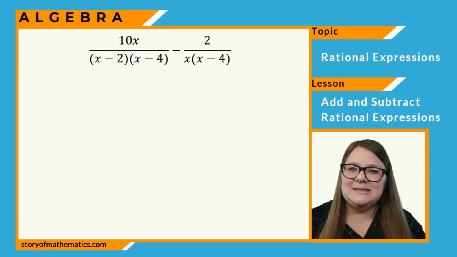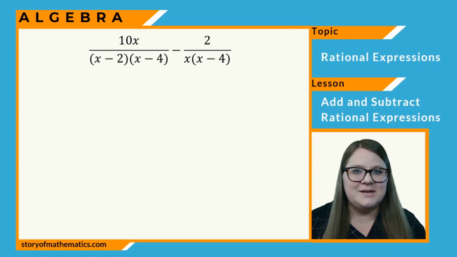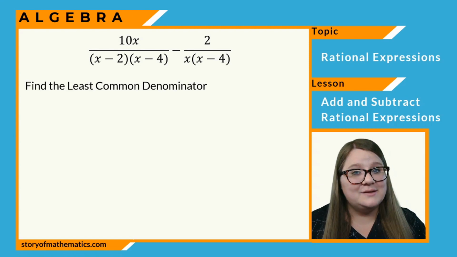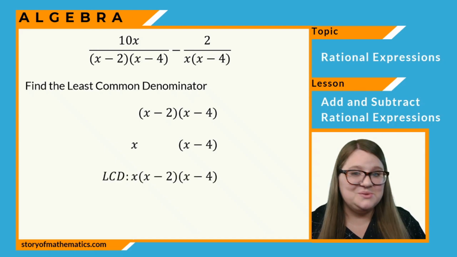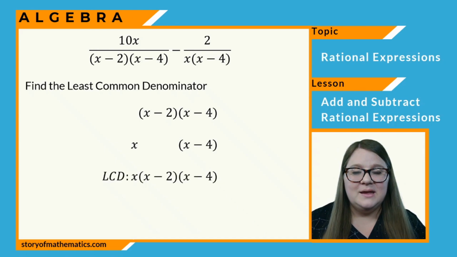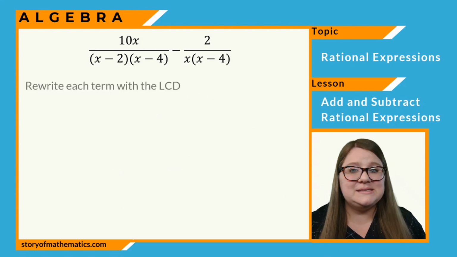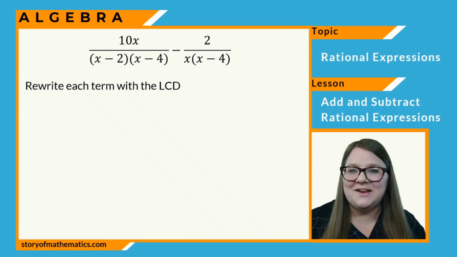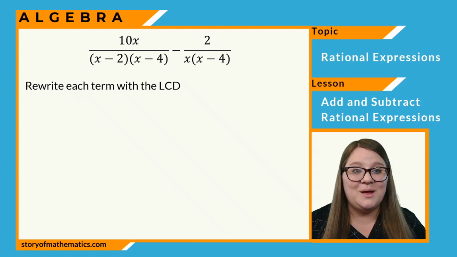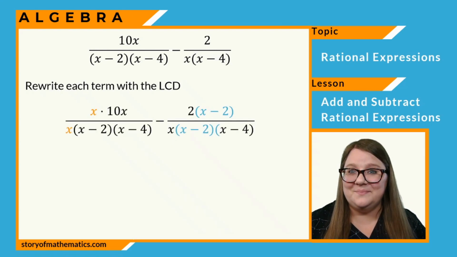So I rewrite these two fractions with their factored denominators. Now I'm going to find that LCD. When I write this out, I'm going to see that my LCD is x times x minus 2 times x minus 4. Now, the first fraction is missing the x, so that's what I'm going to multiply by on top and bottom. The second fraction is missing x minus 2, so I'll multiply by that on top and bottom.